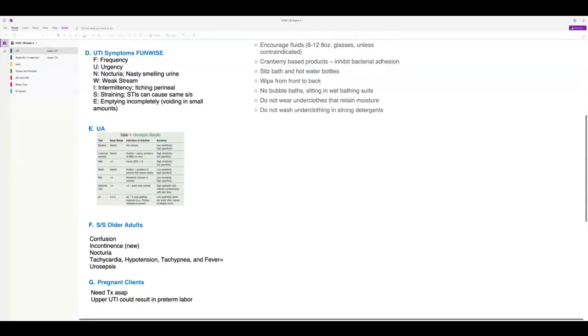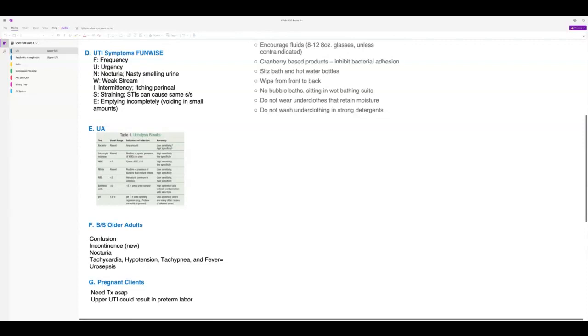So that means there are white blood cells in the urine. The urine will have nitrates. So nitrates indicate that E. coli is in the urine. You might see red blood cells in the urine of a UTI, and the pH is either going to be very high or very low. So you'll have to know that information.